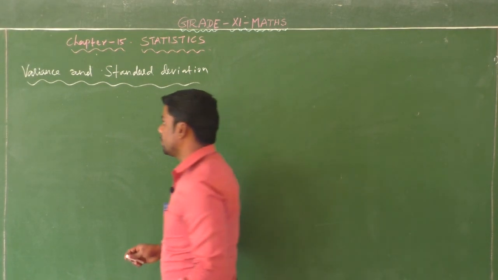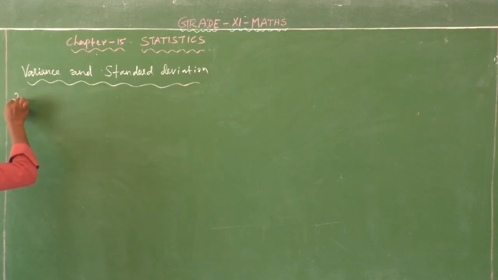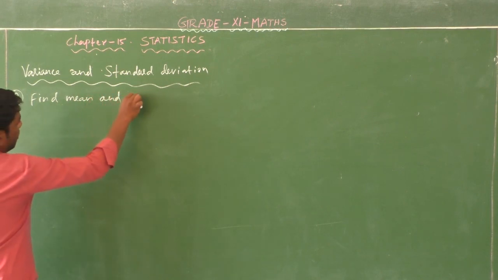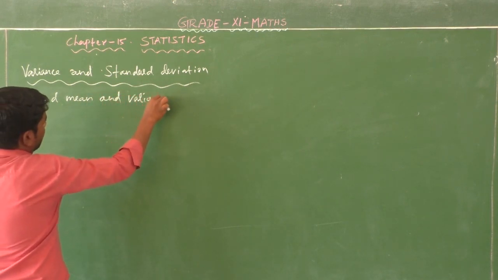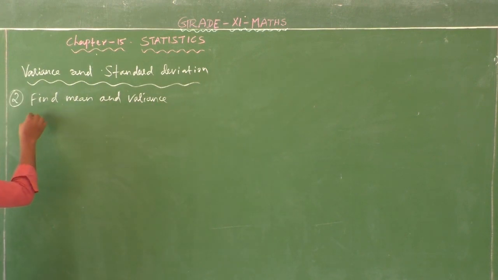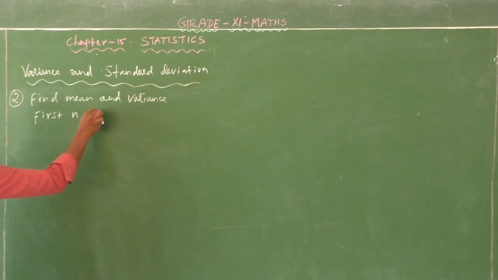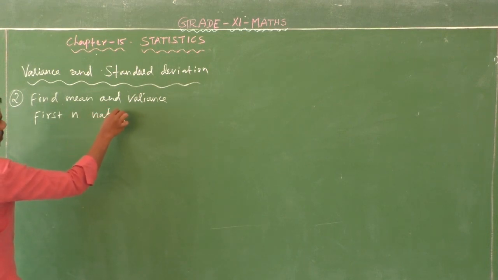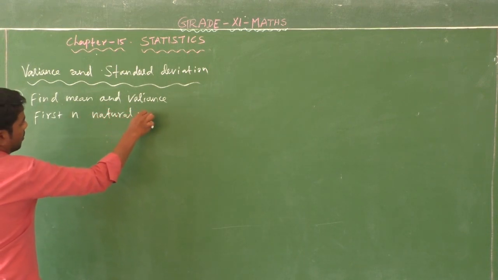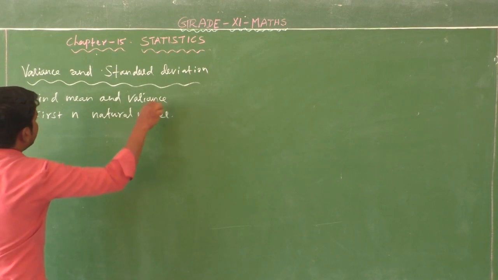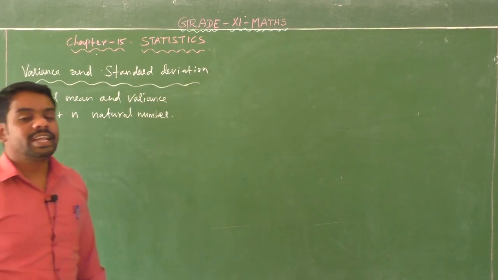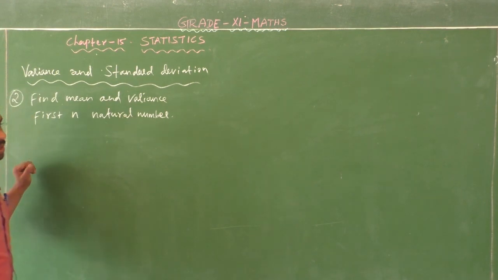Find mean and variance for the first n natural numbers. Listen, find the mean and variance of the first n natural numbers.